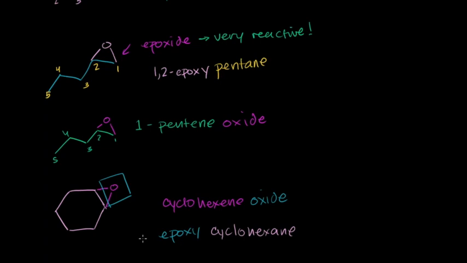And once again, you don't have to number it because you could call it 1,2-epoxycyclohexane if you made this the 1 or the 2 carbon. But it's going to be on adjacent carbons, and it could have really been on any of these two. It could have been on the 3 and the 4, and it would have essentially been the same molecule. So this actually makes it clear exactly what the molecular structure of the molecule is.